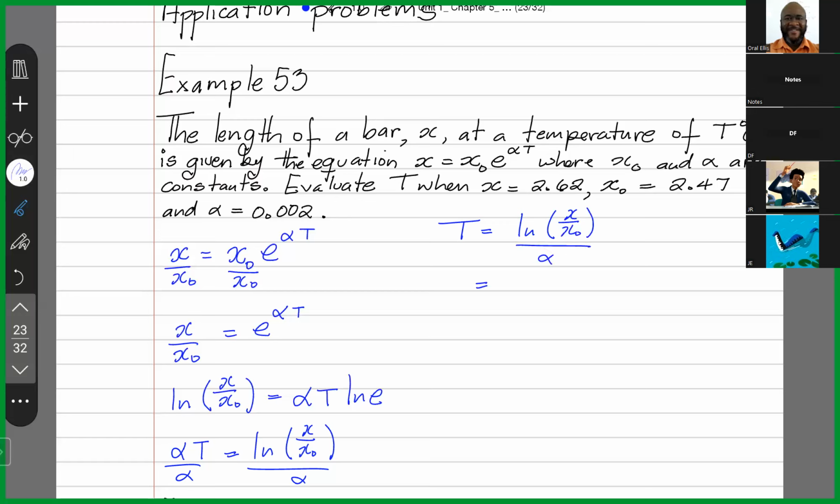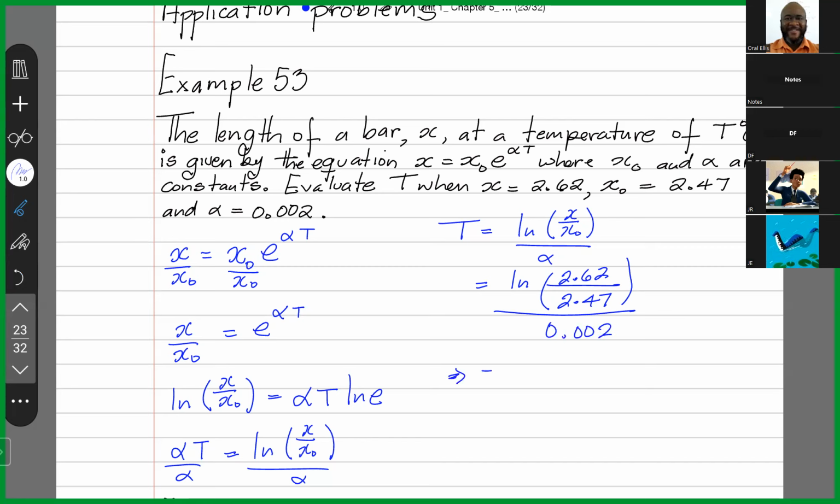Now, if I put in all our values, I'm going to get T is equal to ln X, which is 2.62, over X naught, which is 2.47, divided by alpha, which is 0.002.